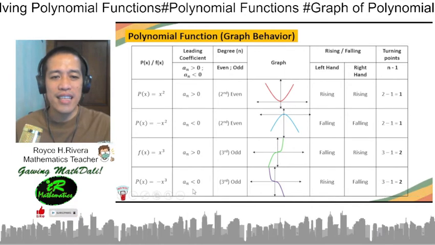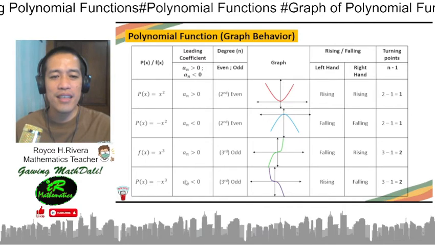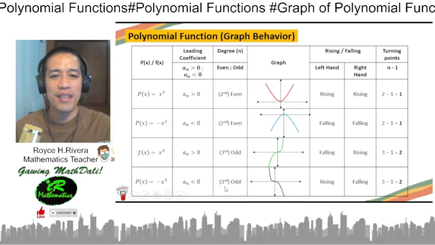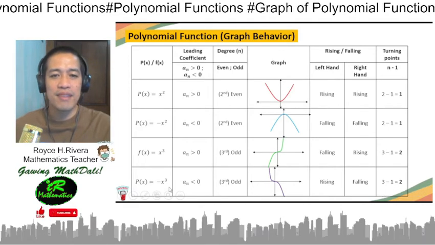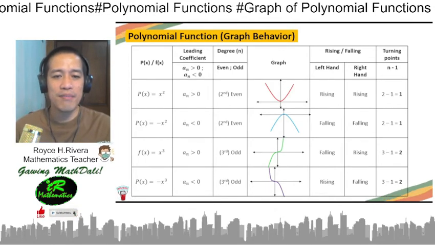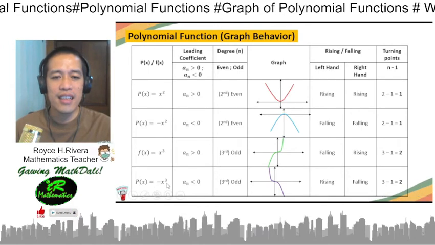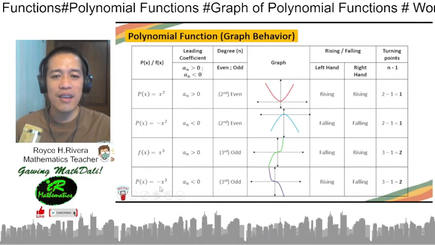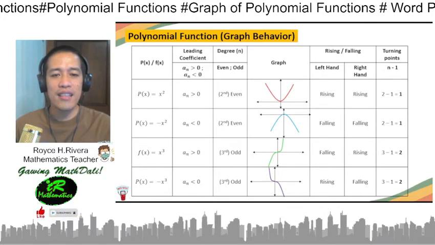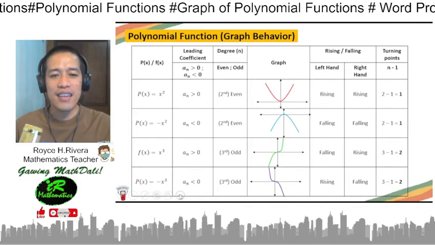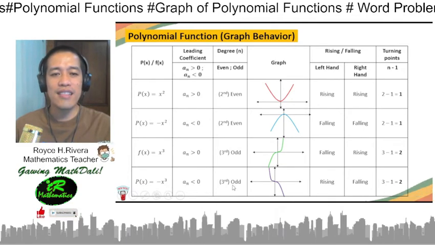if the leading coefficient is less than 0 or a negative number, and the degree of the polynomial is odd. So we have the polynomial function p of x equals negative x raised to 3. The leading coefficient of the function is negative 1, and the degree is the third degree, which is odd.